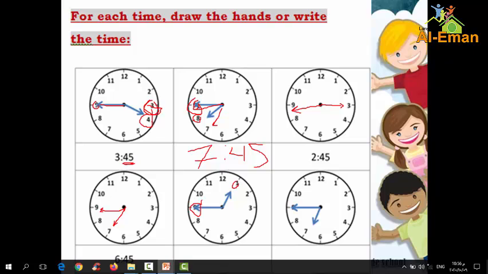Okay, so in hour we will write 12. Okay, but in minutes we will write 45. That's great. The last one, short hand points to 7 but long hand points to 9. So what's the time? We will write 6 in hour and 45 in minutes. Good. Let's see another question.